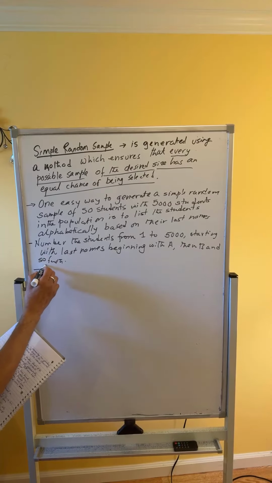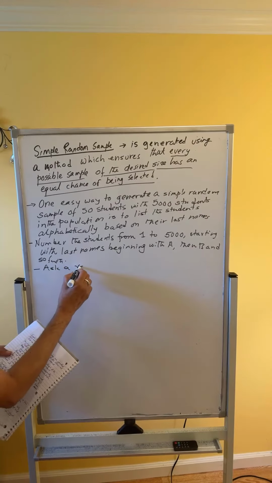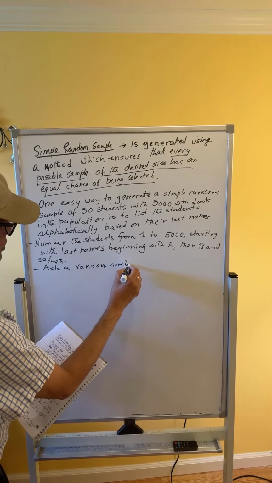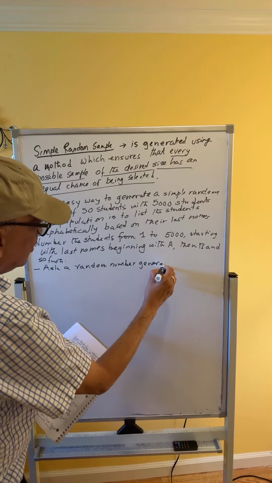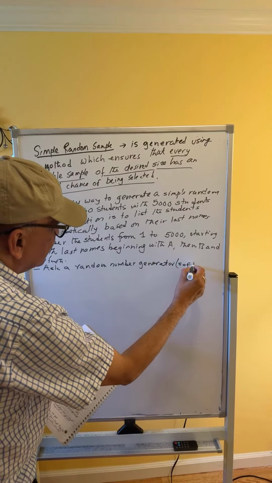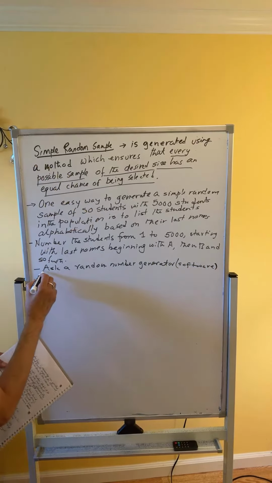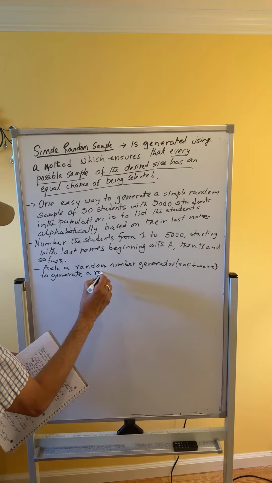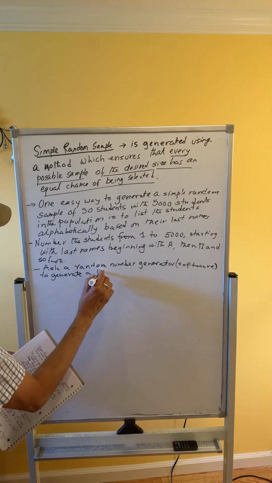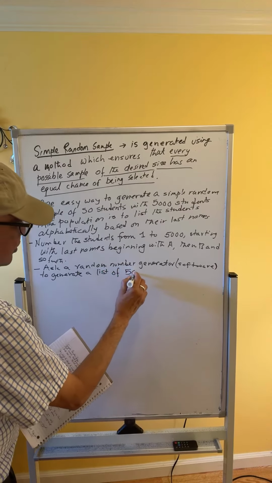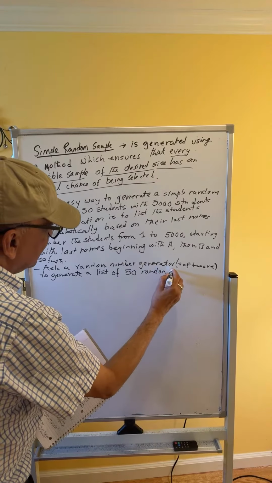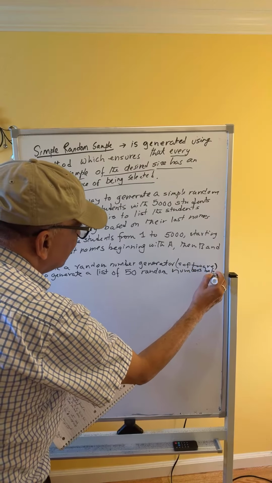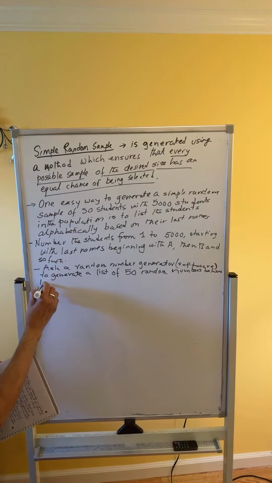Then the next step is to ask a random number generator, which is software, to generate a list of 50 random numbers between 1 and 5,000.